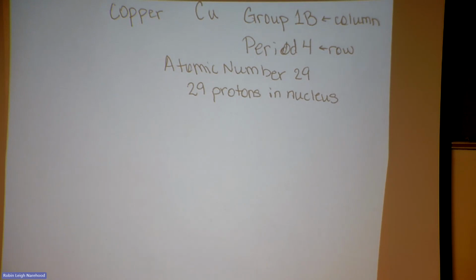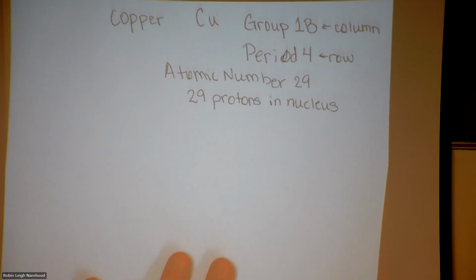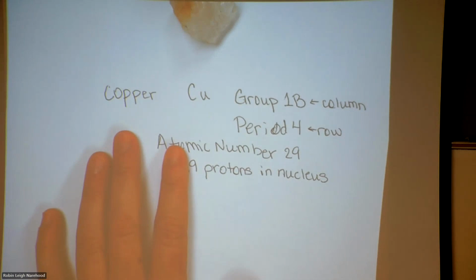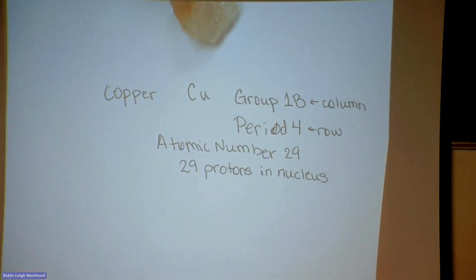So if an element has 29 protons in the atom, that element has the identity of copper. The other two larger subatomic particles that we look at in chemistry are electrons and neutrons. The number of electrons and neutrons do not determine that it's copper. They determine the total mass of the copper or the total charge of the copper. So we're going to look at those two things separately, but they're all part of an atom.